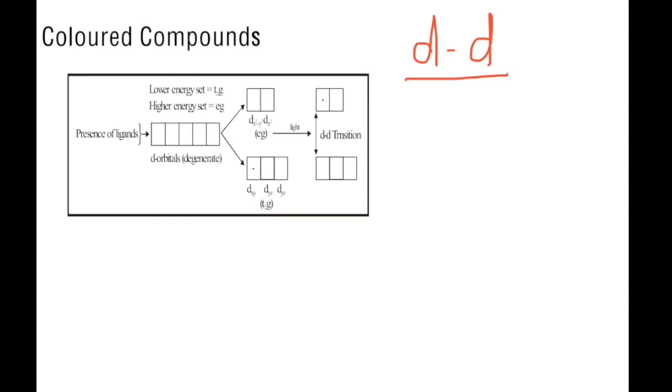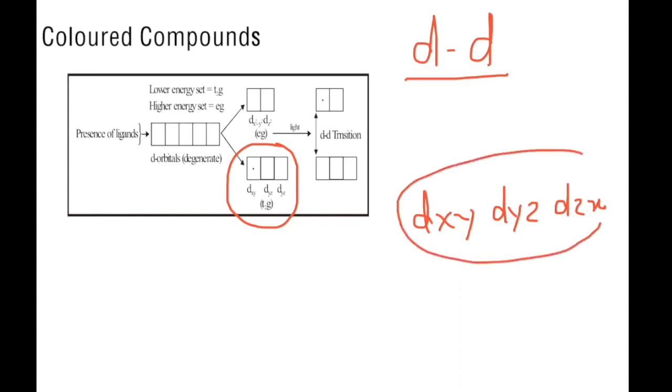You know the d subshell has five orbitals. Three orbitals are plane orienting, such as dxy, dyz, dzx.